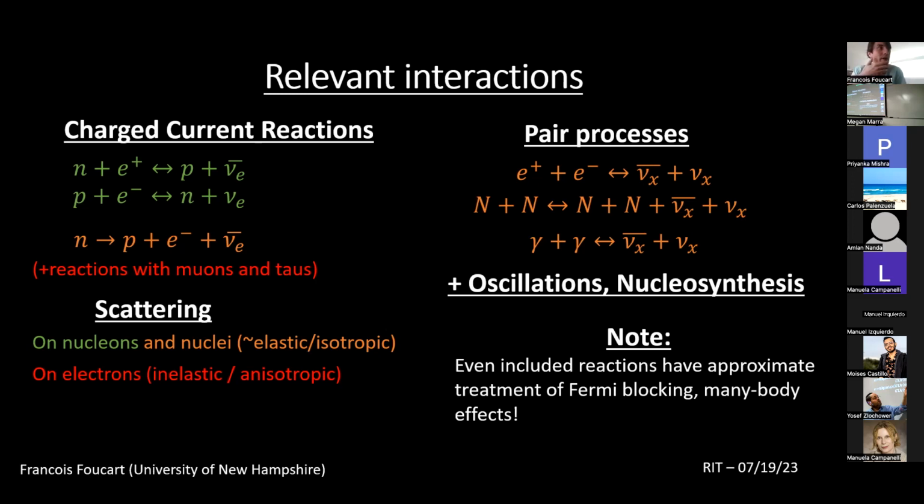But they are more complicated to include accurately in your simulations because they involve two neutrinos. And so that means that any of these reactions, in whichever direction you go, is going to depend on the distribution function of both neutrinos and antineutrinos.